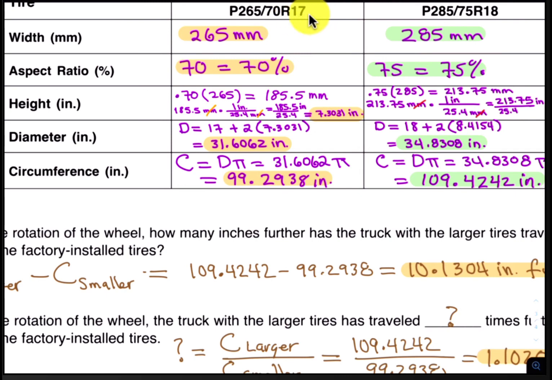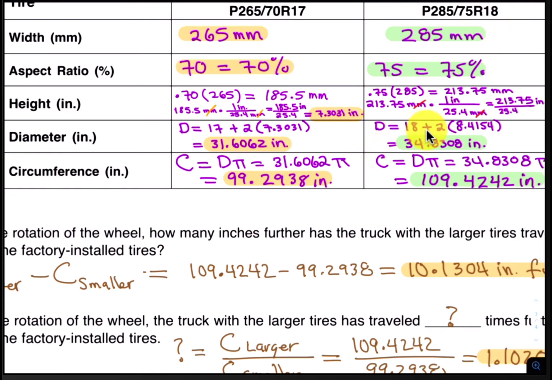We get that from this number up here. So that's 17 plus twice the height. So that's 2 times 7.3031. And you put that in the calculator and you get 31.6062 inches.